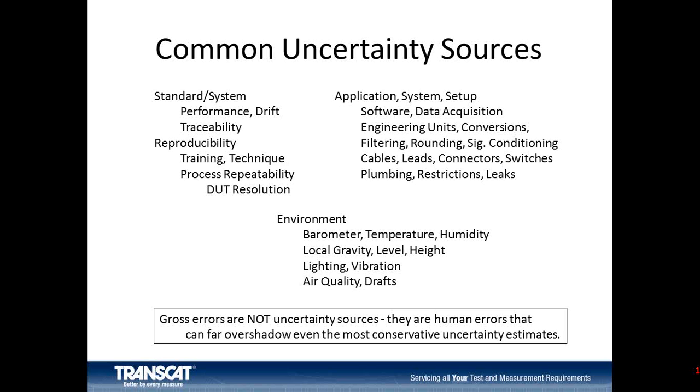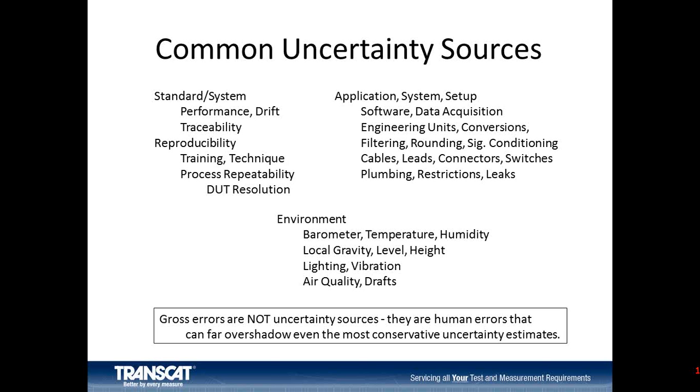On the right-hand side, there's a list of influences that can have an impact. Not that they do in every case, but sometimes they can be significant. So it's more of a reminder to look for these. Software, data acquisition limitations, engineering units conversion.